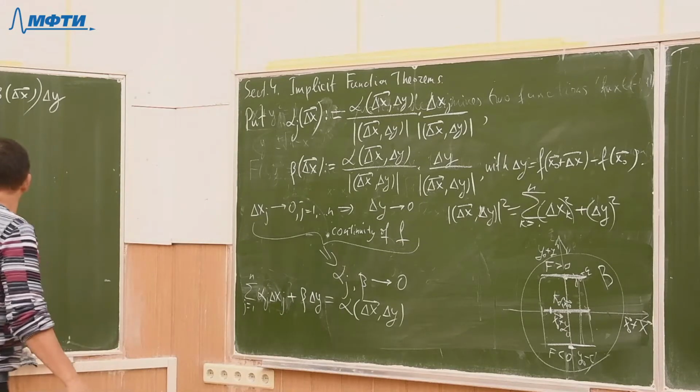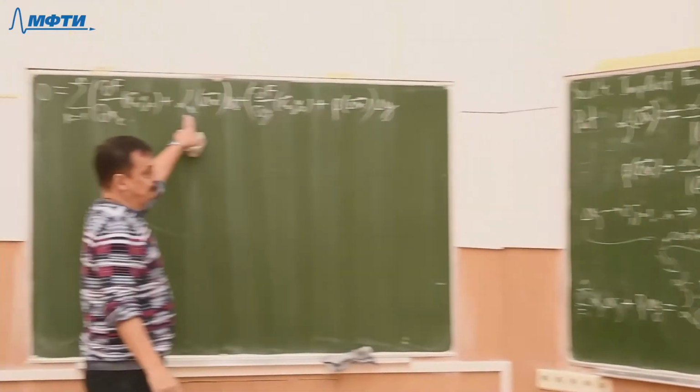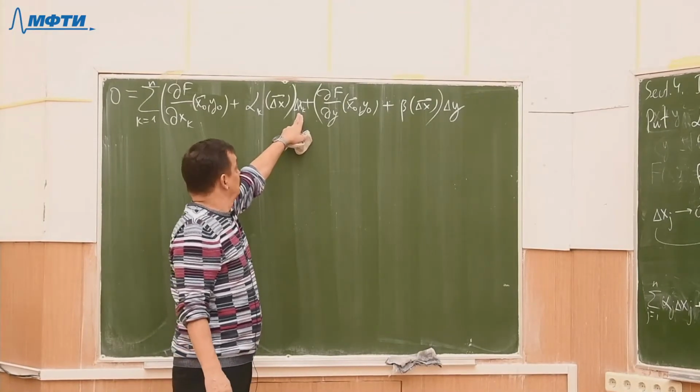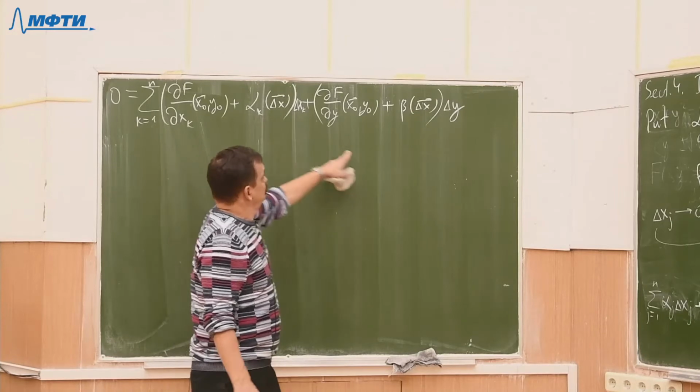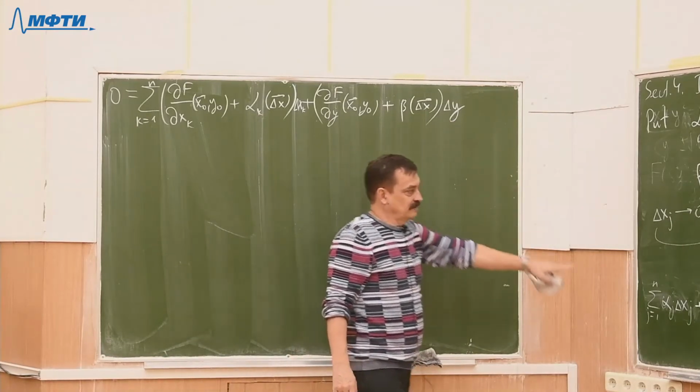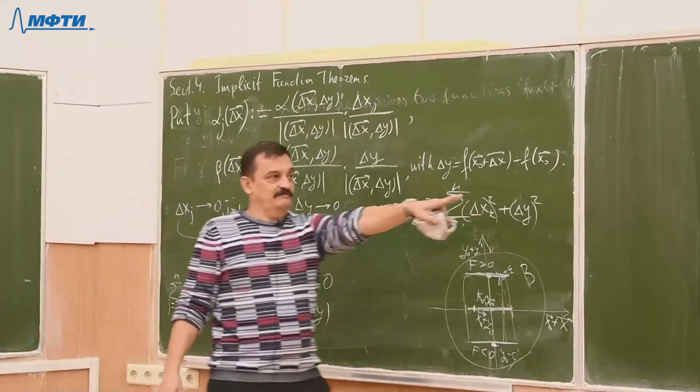That's important. So you see now what is written here. Alpha k times delta xk, sum of them, plus beta times delta y, right? That is precisely our function alpha.